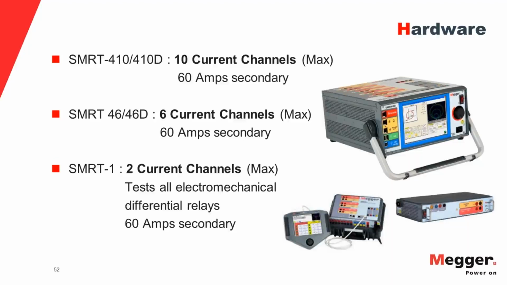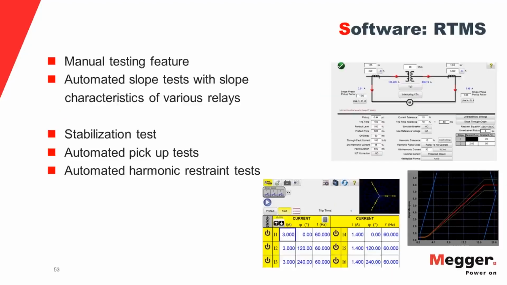On the software side, we have manual testing features where we can ramp the amplitude and phase angles the way we want. And we have automated slope tests with slope characteristics of various relays in the market, where you can select the slope characteristics and just do the slope test.